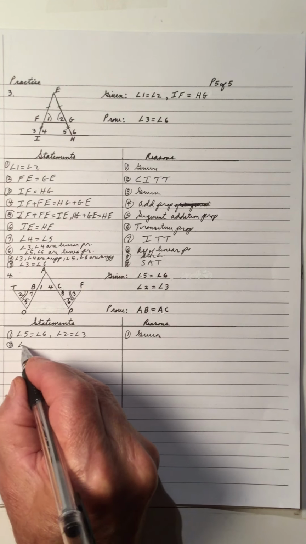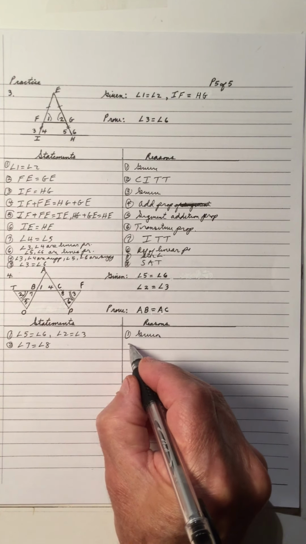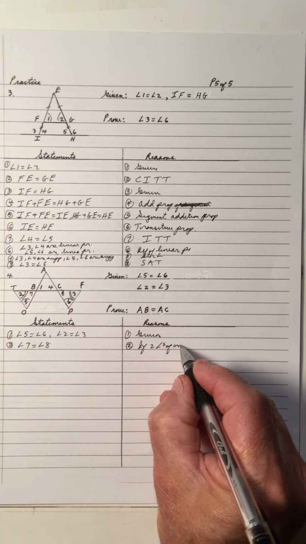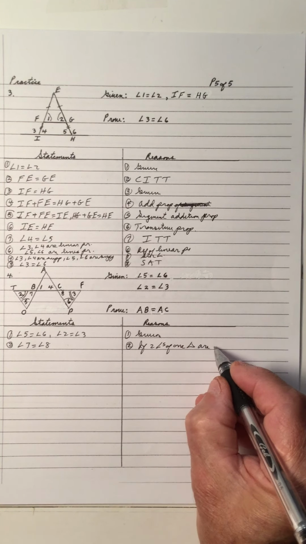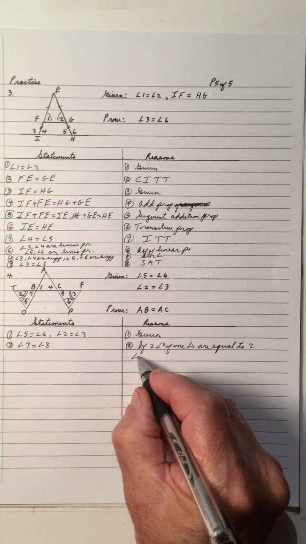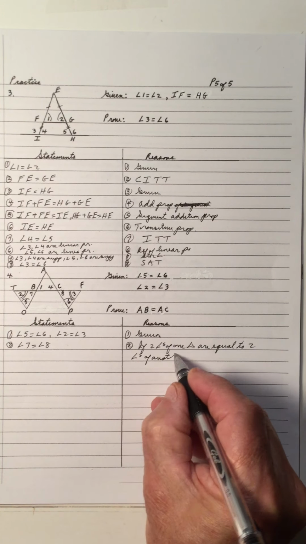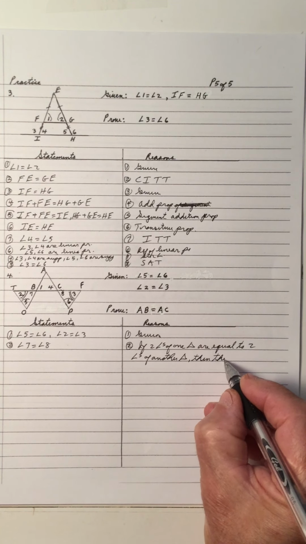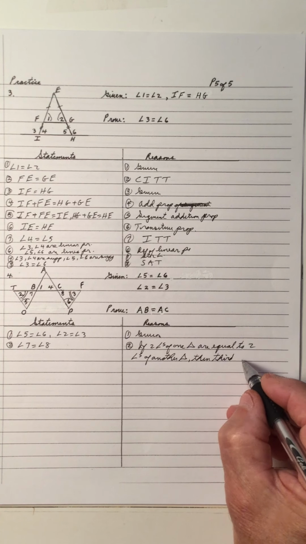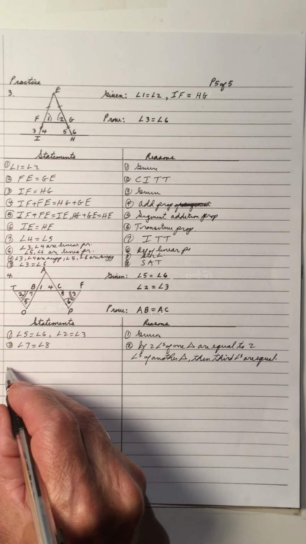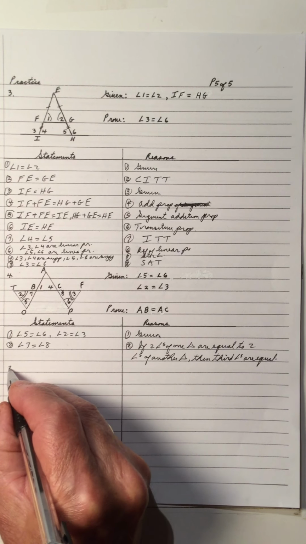And as a result, angle 7 is equal to angle 8, if two angles of one triangle are equal to two angles of another triangle, then the third angles are equal. Okay, so now we have to connect up.